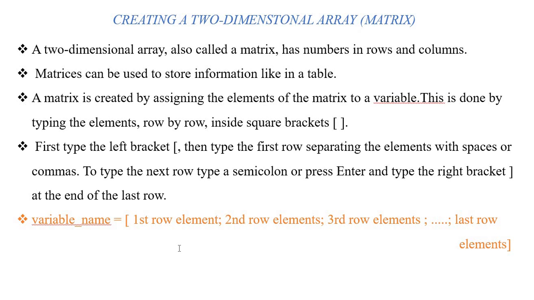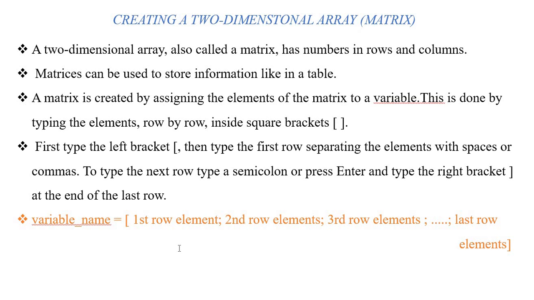Matrix is created by assigning the elements of the matrix to a variable. This is done by typing the elements row by row inside the square bracket. First type the left square bracket, then type the first row separating the elements with space or comma.